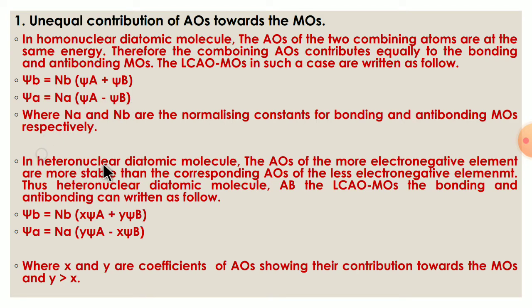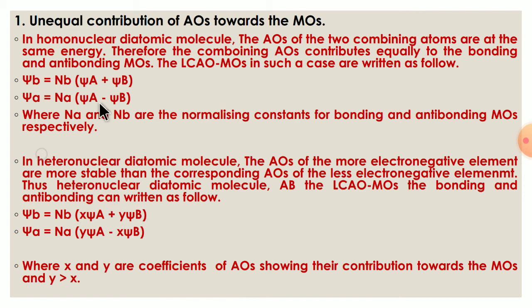In heteronuclear diatomic molecules, the atomic orbitals of the more electronegative element are more stable than the corresponding atomic orbitals of the less electronegative element. Thus, for a heteronuclear diatomic molecule AB, the LCAO MOs, meaning linear combination of atomic orbitals molecular orbitals, the bonding and antibonding, can be written as follows.